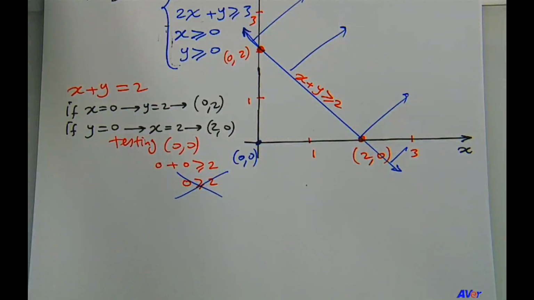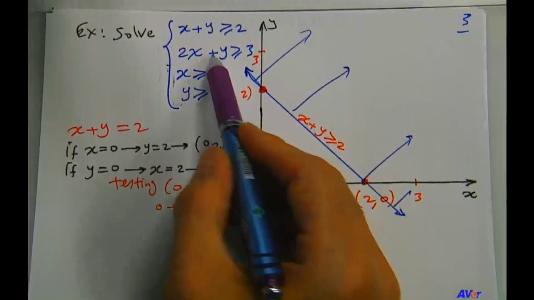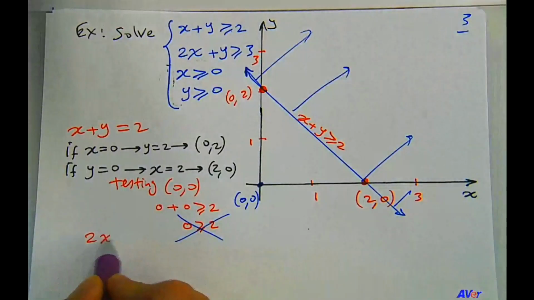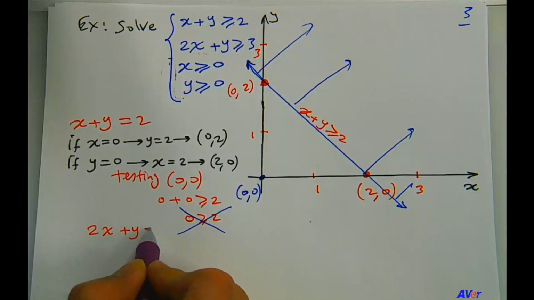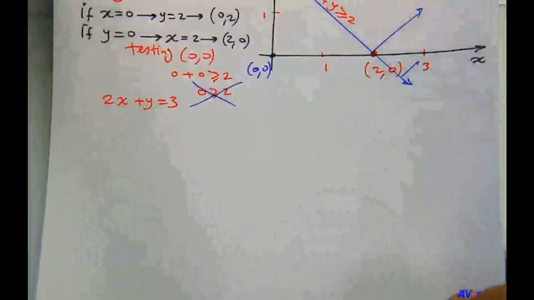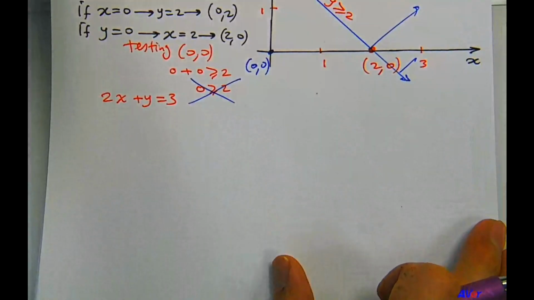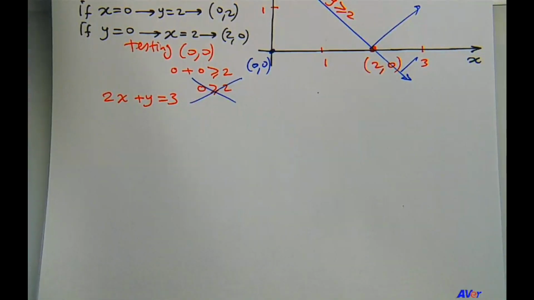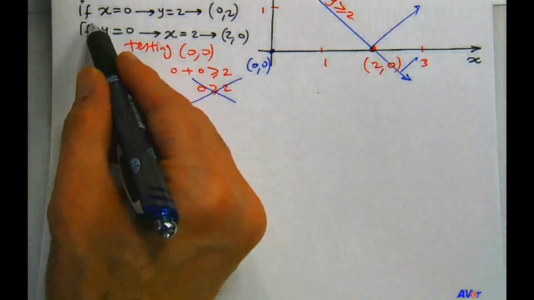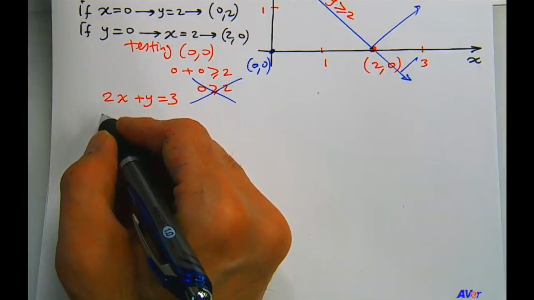So let's find the other boundary line, which is associated with this inequality. So we have 2x plus y equals 3. I'm going to have to move it up so you can see. All right, so let's find the boundary line using the intercepts, just like what we did here.